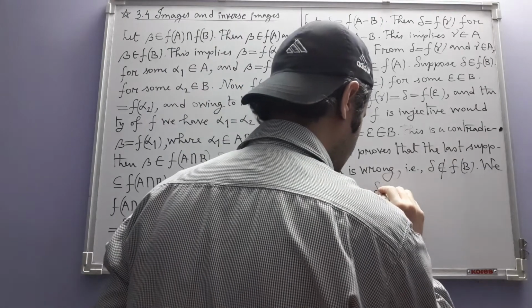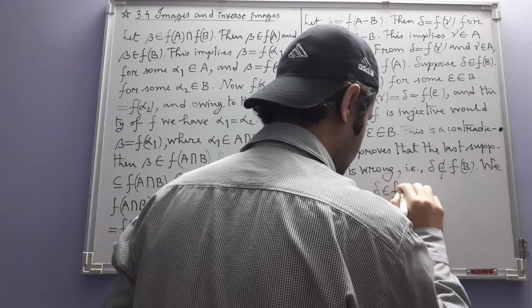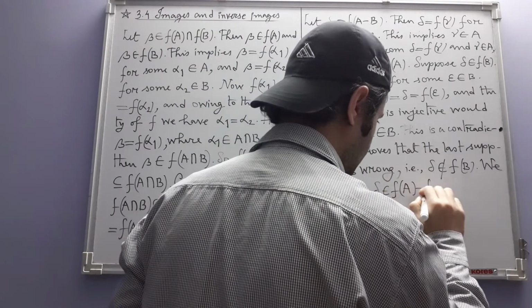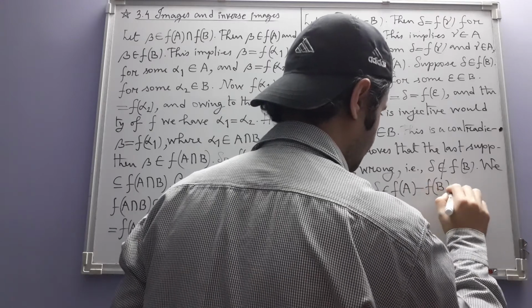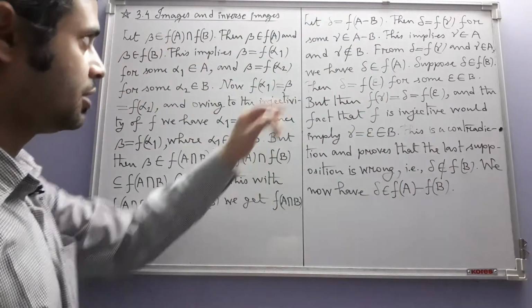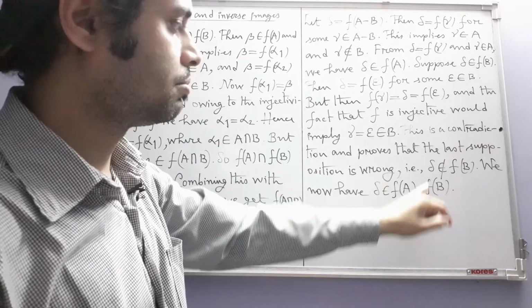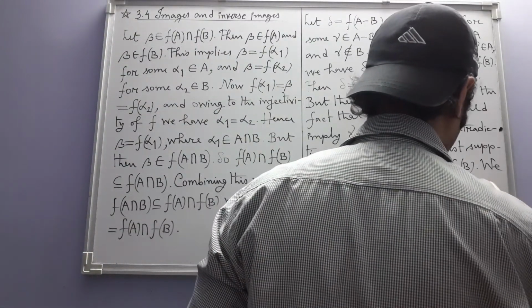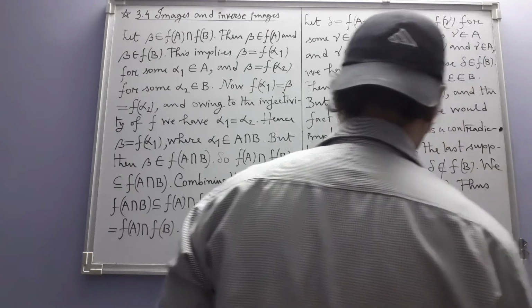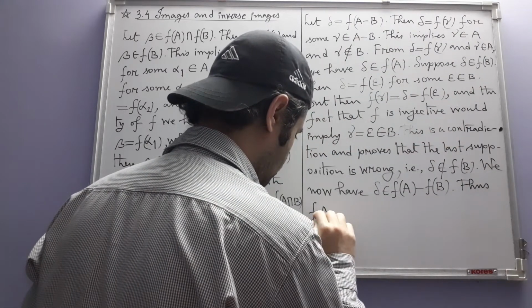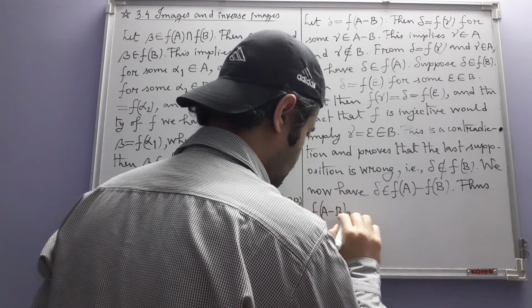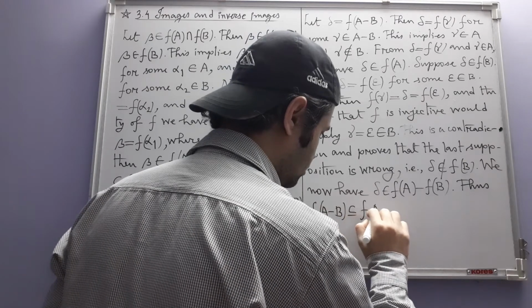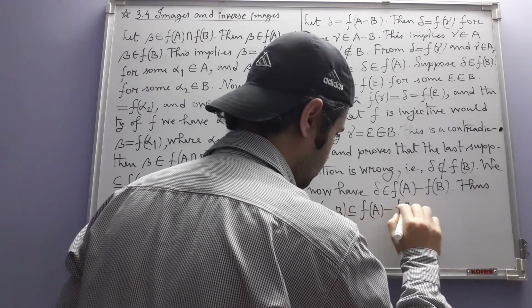So that means delta belongs to f(A) minus f(B). So any element in f of A minus B has been proved to be also in this set. Thus, this is a subset of the second one.